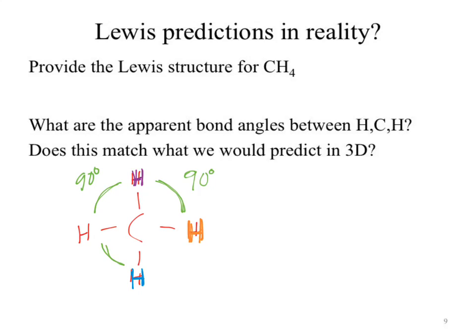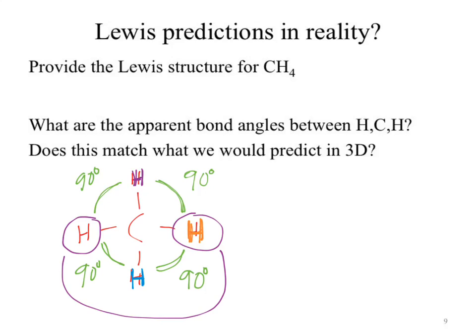This one? That one? So what would we say? That looks pretty good. They're all pretty equal. Are they really all equal? I remember I asked the question. What's the bond angle between those 2 hydrogens? 180. Are all the bond angles exactly the same?